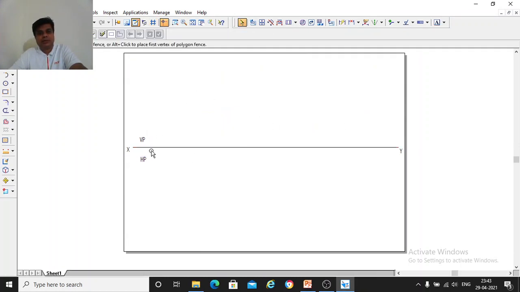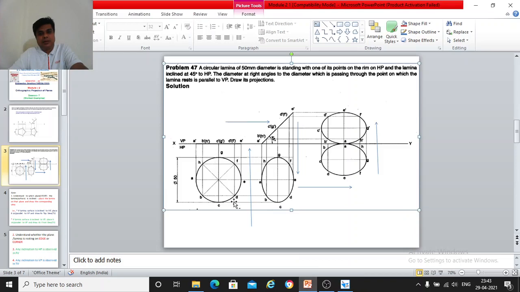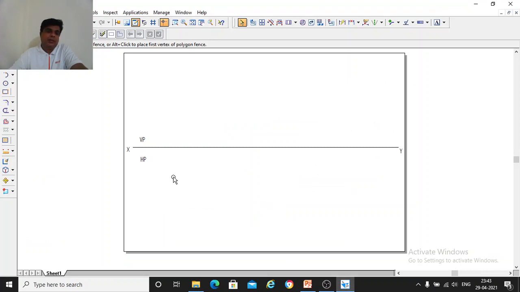Okay, we have the drawing sheet here. Now according to this problem, we have a circular lamina, diameter is 50 mm, and its surface is inclined to HP at some angle, and it's resting on one of its points. First we should draw the top view, because the plane is inclined to HP, so you make it parallel to HP or place it on the HP. In the top view I can see the complete circle.